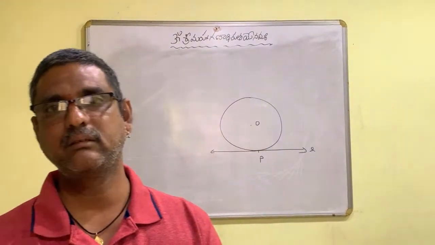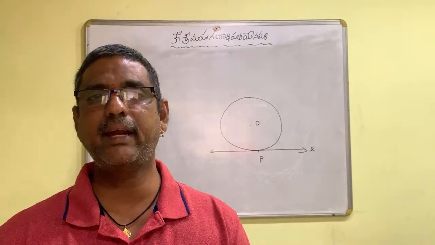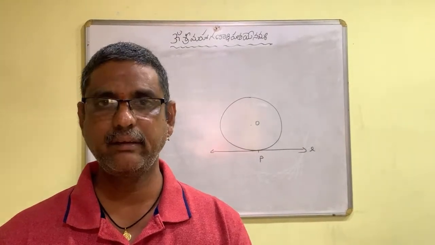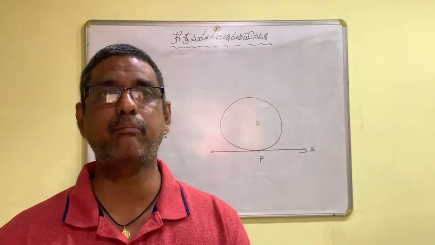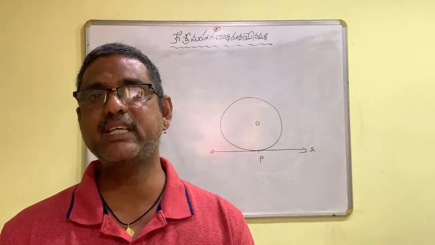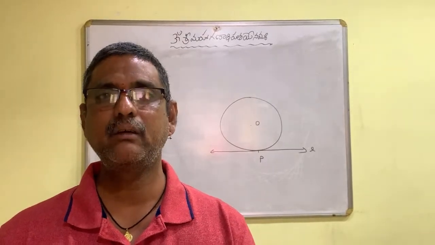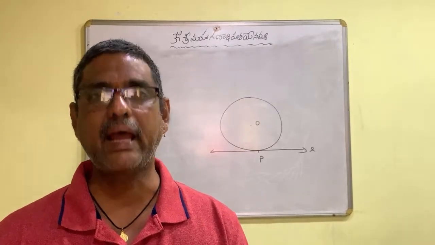Yes. Good. A line is having infinite number of points on it, and even circle is also having infinite number of points on it. But P is the only point which lies on the circle and on the line.